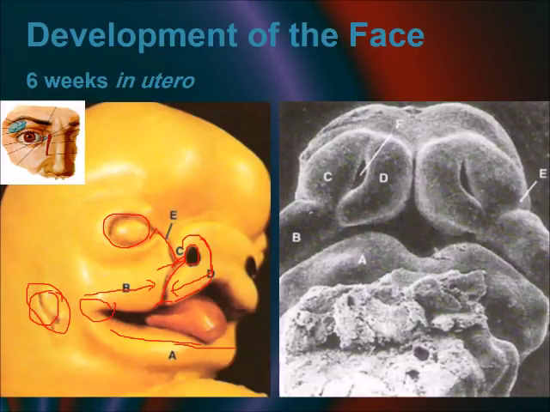The epithelium at the area of the nasolacrimal groove will sink deep, and then it will canalicalize to give us the lacrimal duct between the eye and the nasal cavity for tears. It is between the maxillary process and the lateral nasal process.